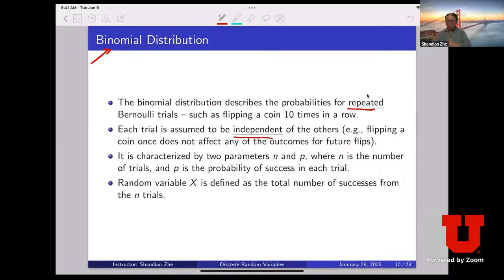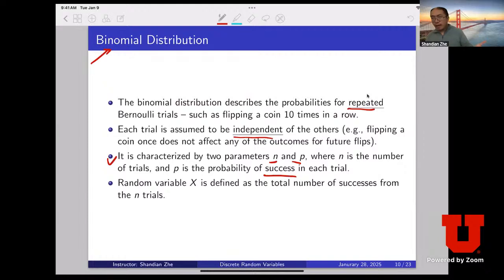Okay, so in general, the binomial distribution is characterized by two parameters. One is n, one is p. n is just the number of trials, like how many times you're gonna flip the coin. And p is the probability of success for each trial.